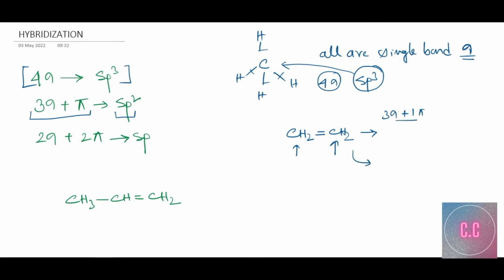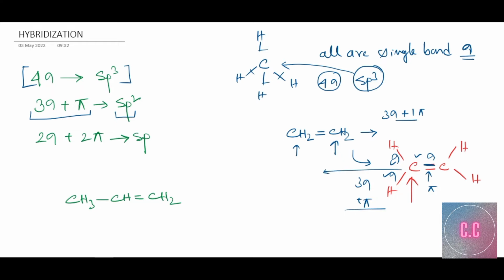If we break this molecule, C double bond C, H and H, you can see that this carbon atom contains one single bond, that is sigma, then pi, this is single, this is sigma, and this is sigma. That means 3 sigma plus 1 pi. That means this carbon atom is sp2 hybridized.